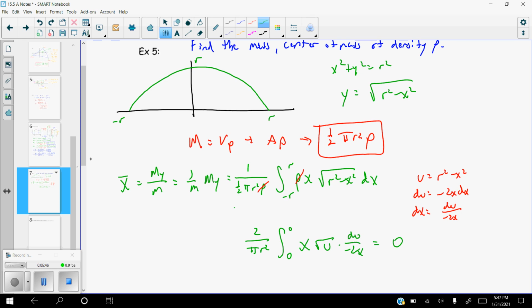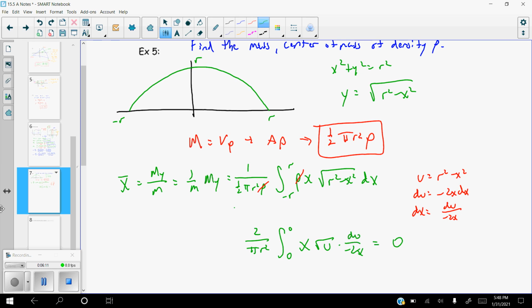Now, it isn't going to work that way for the moment of x or y bar because it's definitely not equal from the x-axis up to the top. There is definitely more mass towards the bottom, so you're going to have an actual center of mass for the y bar part to be up the y-axis somewhere, but this part should make sense. The 0 here should make sense.